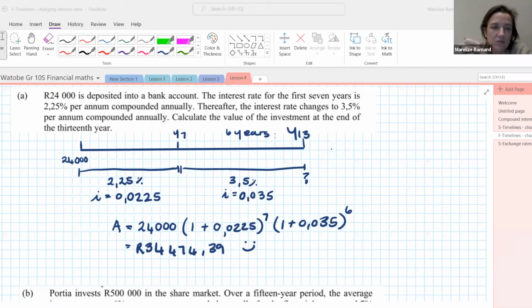So then you use your formula to put that in. We first raise it to the power of 7, and then we raise it to the power of 6, changing the interest rate, and we should get 4,474.39. Excellent. Just let us know if you're still having some trouble with this.